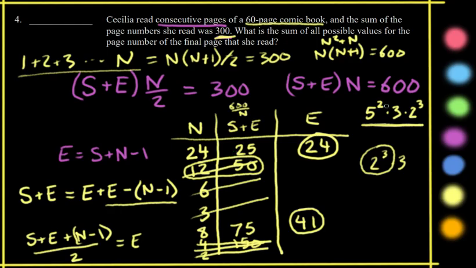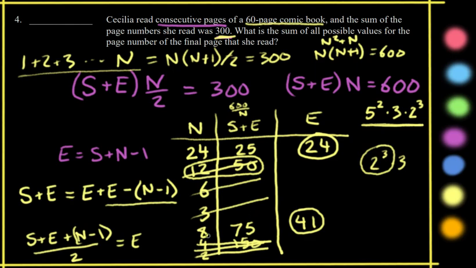We also have to consider the case where you multiply by 5 over here. So we know we want all the 2 factors to be either here or here.